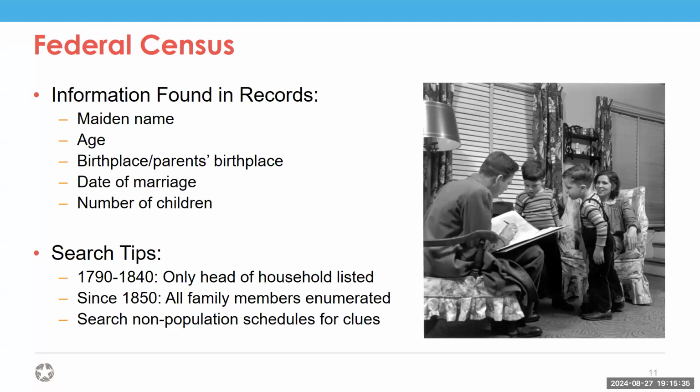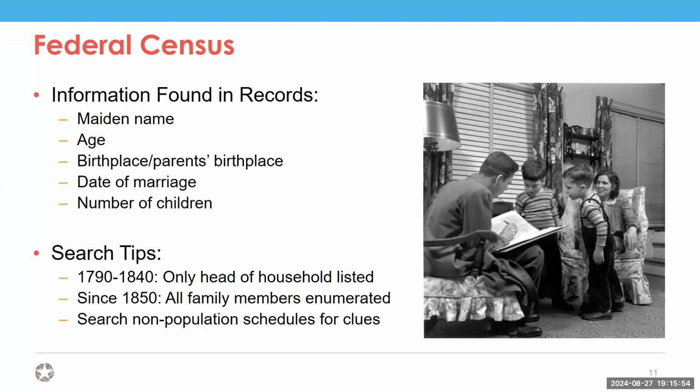They are typically just tallied, so you could use that as potentially corroborating evidence, but you would really need other things to prove who this woman was. But you could see that there was a woman in the household during this period.